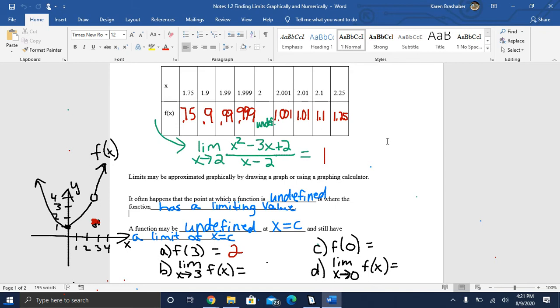But now I would like for you to look at the limit as x approaches 3. Well, when you do that, you have to look at what's happening as those x's get closer to 3 from the left and from the right. And so we're looking at what the y values are doing as x gets closer and closer to 3 from the left and the right.